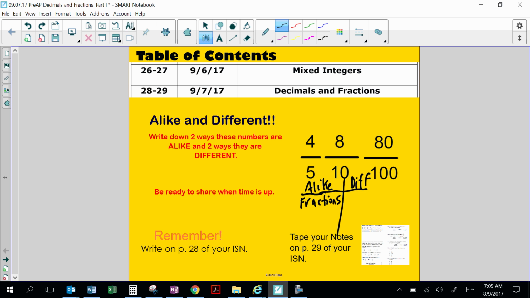I'll come back there in a bit. Different. The numerators and the denominators are different numbers. That's one thing I notice.